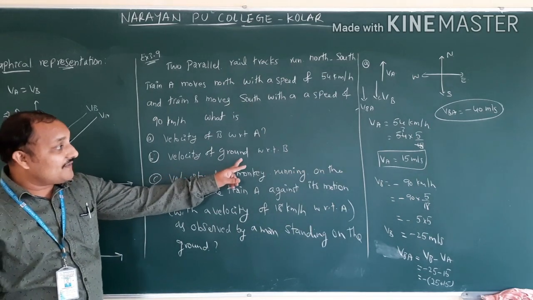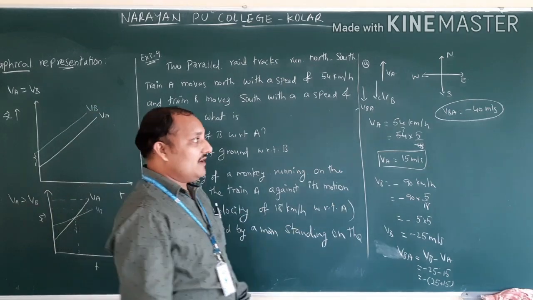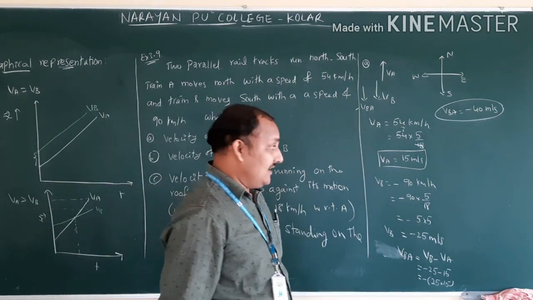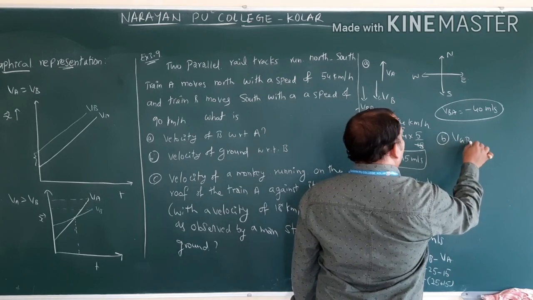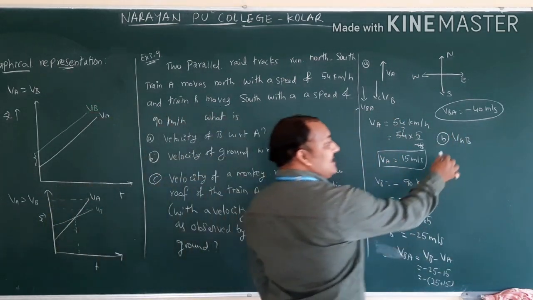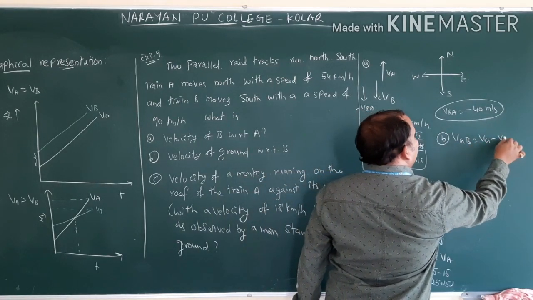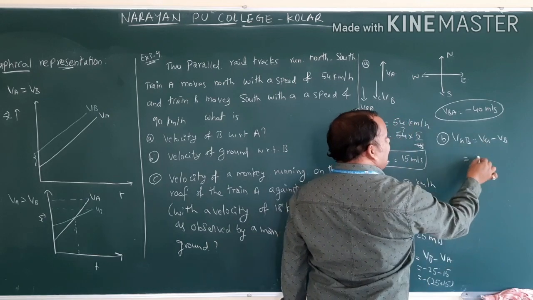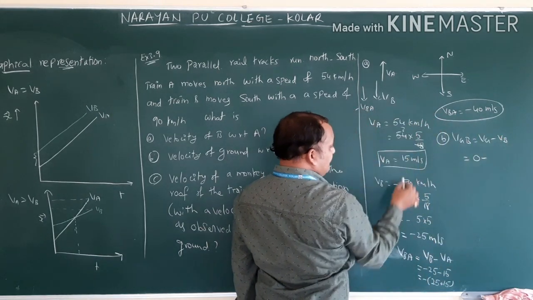Now velocity of ground with respect to B. Ground means floor. Floor generally we will take it is at rest. So this is B. Velocity of ground with respect to B means VGB is equal to VG minus VB. What is VG, velocity of ground? 0 minus. What is VB?